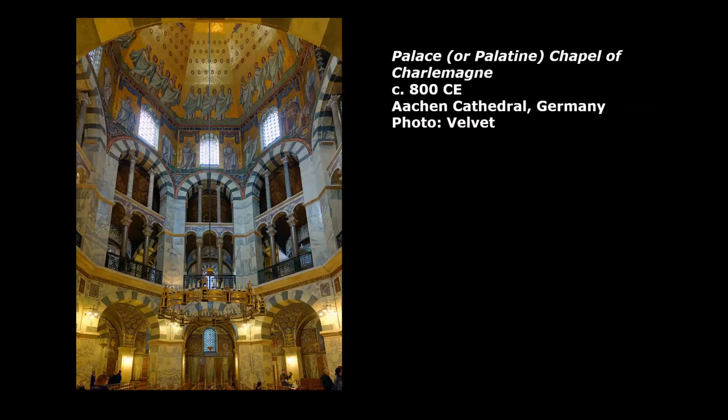Now, another interesting example here is the Palace Chapel of Charlemagne in present-day Germany. He had reused porphyry columns from the Roman Empire, presumably made 500 or so years before his palace chapel was created.